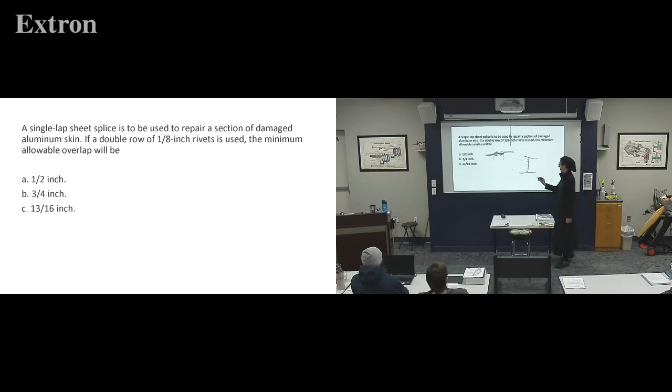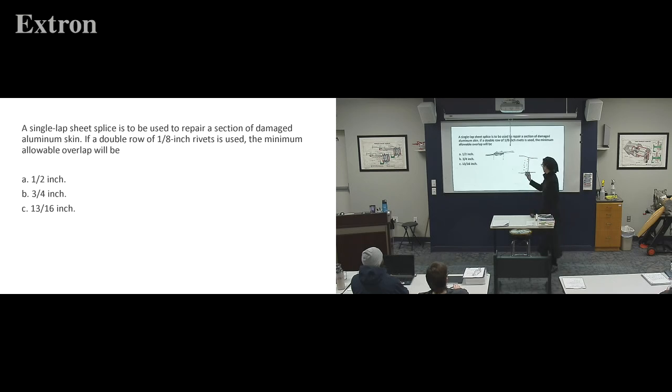They are staggered. And a bunch of you that got it wrong, you drew it well. You remembered it was staggered, so you got that part.